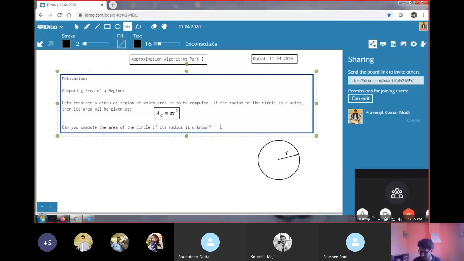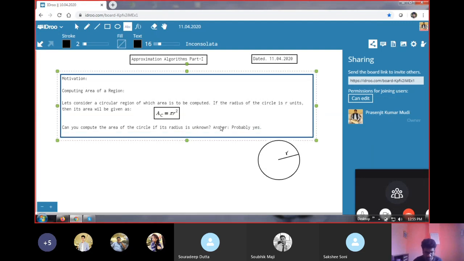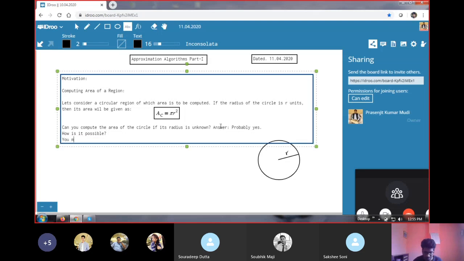So the answer to this question is, how is it possible? You may Google it and find some ways to compute the area of the circle where the radius is unknown. That's fine.